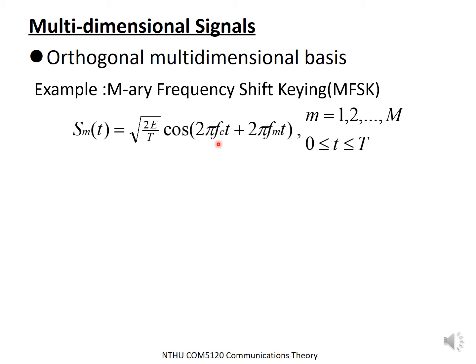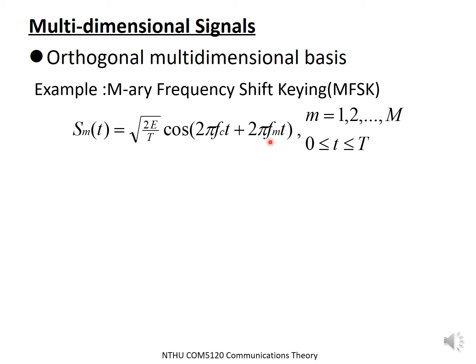But now if we have multiple carrier frequencies, then we can modulate the carrier, cosine 2 pi fc t. Frequency shift keying modulates the carrier with different carrier frequencies. So the different carrier frequencies carry different messages.